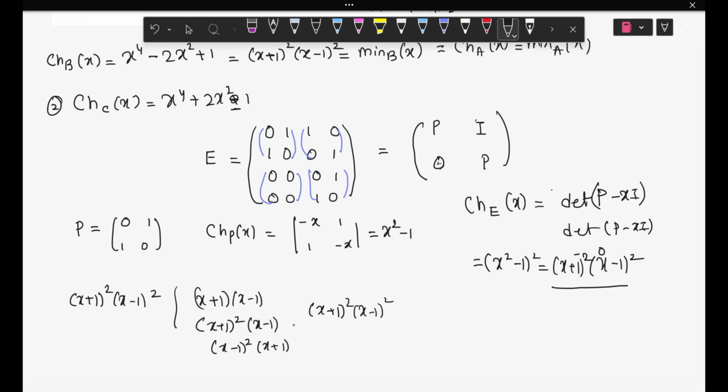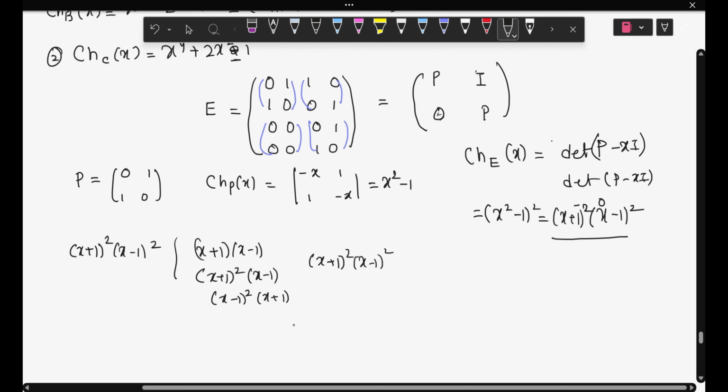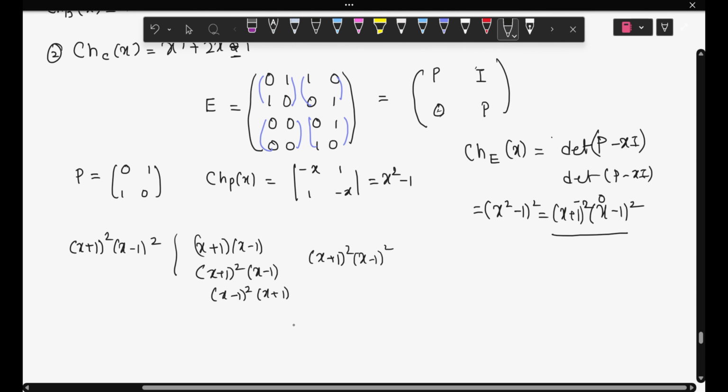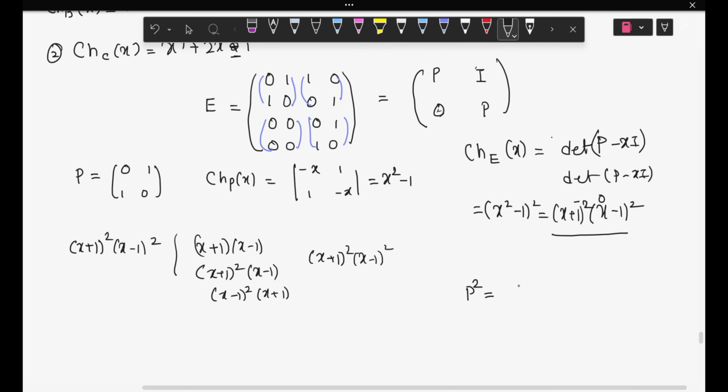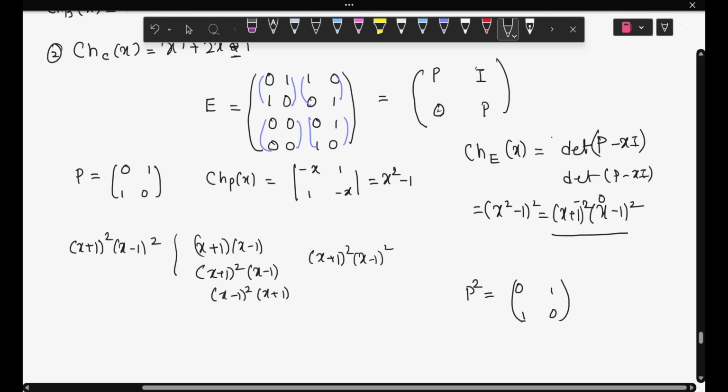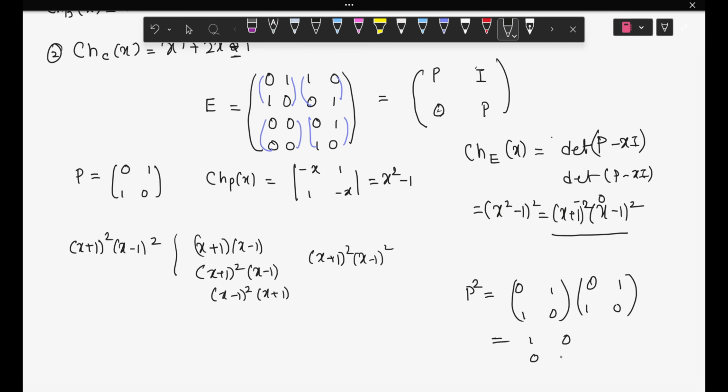Now, for that purpose, I'll first calculate P square. I'll tell you why I'm calculating P square. First, let me calculate P square. [0, 1; 1, 0] times [0, 1; 1, 0], so P square is [1, 0; 0, 1], which is our identity matrix. Okay.